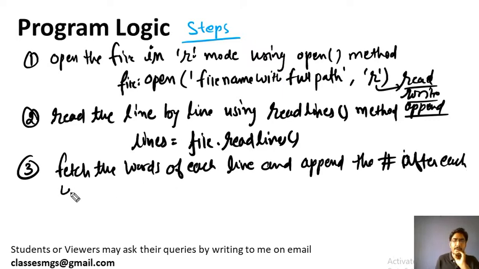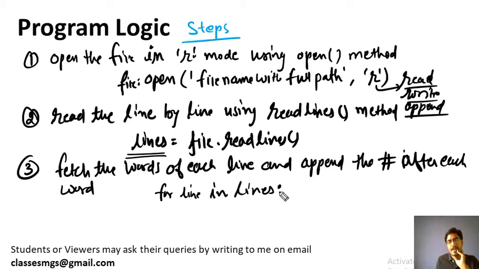So we will again use a for loop to iterate over the lines. We will write for line in lines, then for word in words to iterate each word, because words is a list. We will fetch words before writing this line. You need to split the line with the space so that we can get each word.